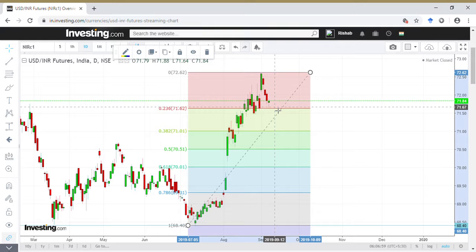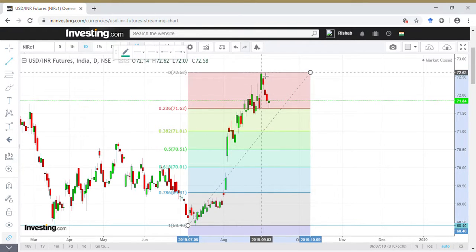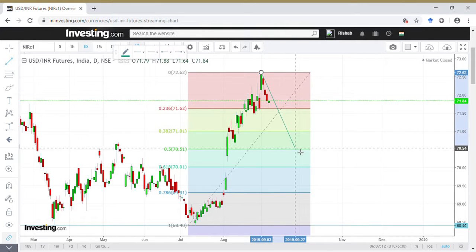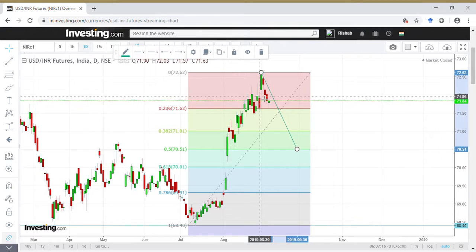The US dollar has touched the support at 71.62, and then it can move down to the 0.5 level, that is 70.51, because every positive move will have a small amount of negative, opposite move.